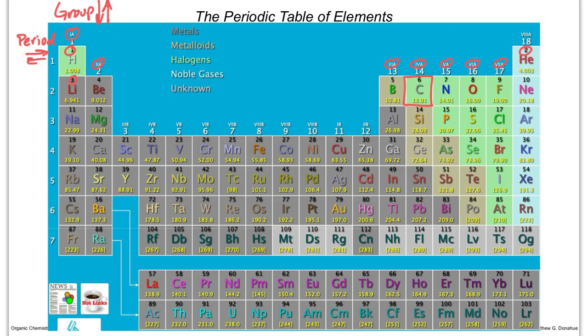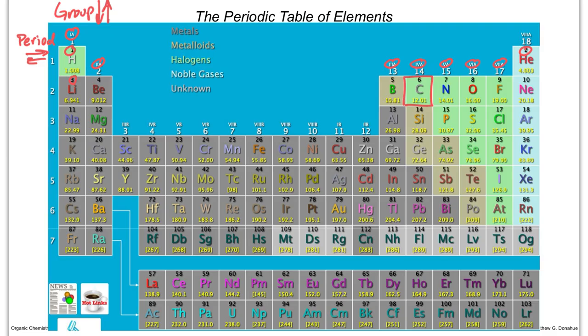And the reason that's important is because the electrons are what does the bonding in chemical reactions. So for the most part, we're not terribly concerned about protons and neutrons at this point. It does play a little bit of a factor in this course, but mainly it's the electron count.